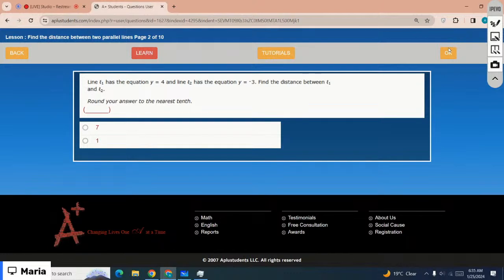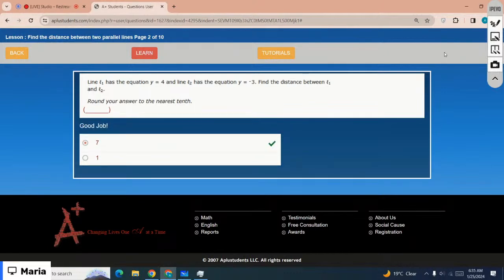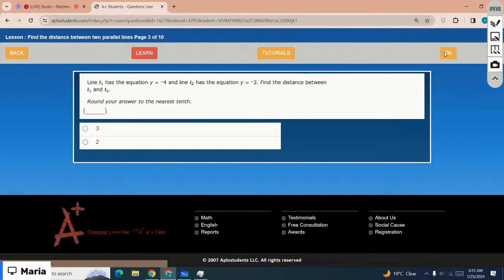Yes, that is 7. The distance between the two lines is 7. The correct option is 7.